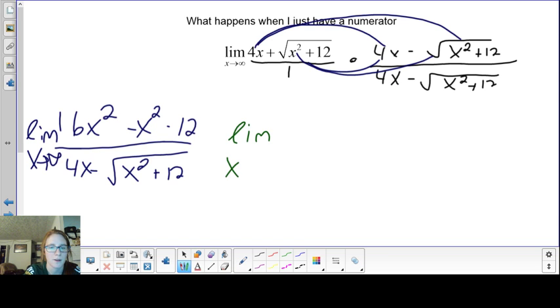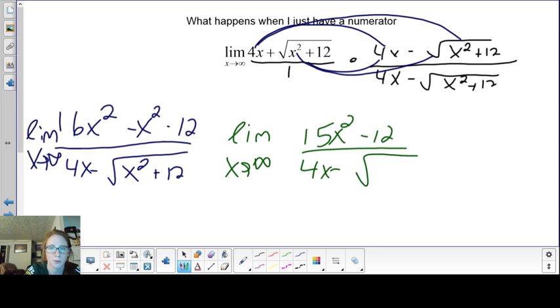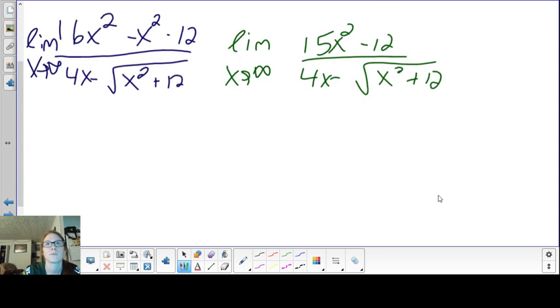So the limit as x approaches infinity of 15x squared minus 12 over 4x minus the square root of x squared plus 12. So all I did there was my basic subtraction. So now what I'm going to do is, if I plug in infinity, nothing's going to work. So we're going to divide by everything. So we're going to still just divide by x.